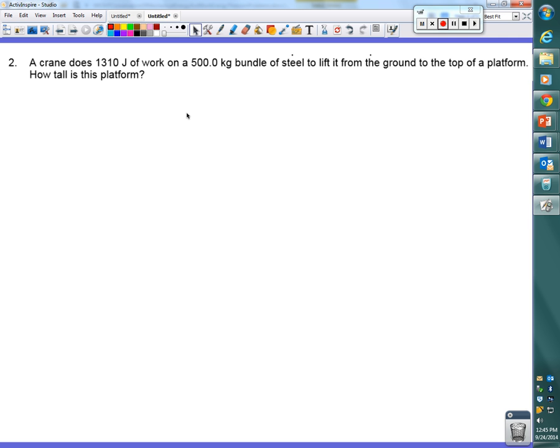So, first, we said the first thing we should do is what? What are we asking? What are we looking for, right? So what is this question asking for? How tall, right? So that's going to be which variable? Height. Which height specifically?